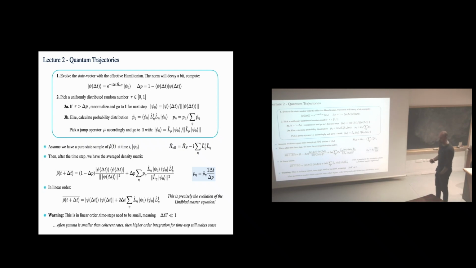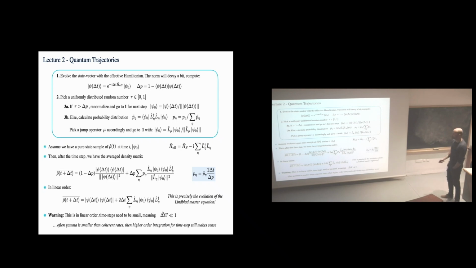So one has to be careful if you want to have a situation with large dissipation rates. Because if I have large dissipation rates, it's important that my time step multiplied with this rate is much smaller than 1. But a situation where this is in particular very useful is where the dissipation is not so extremely large.